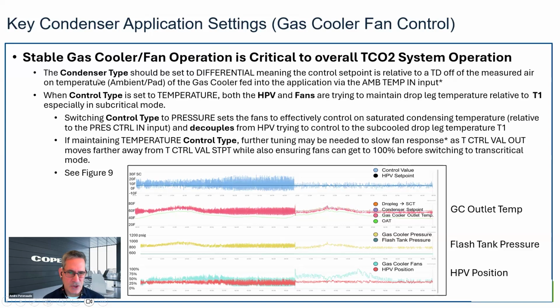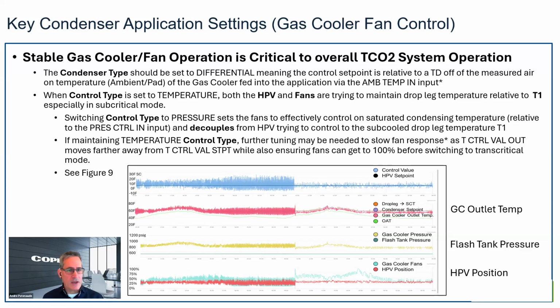So in the parameters, when you're setting this up within the E3 and the iPro, there's something called a condenser type. And in that condenser type, it asks you, do you want differential, which is a differential temperature. So knowing the TD of your gas cooler, I said it was 10 degrees for subcritical operation, you put that 10-degree set point in there. And under control type, I want to control based on a temperature, not a pressure.